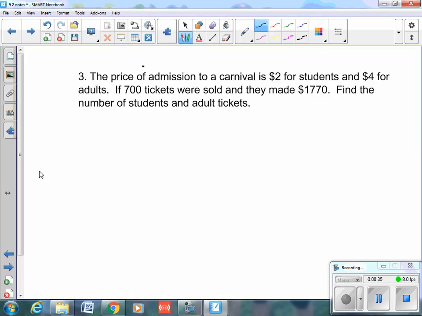Okay, the last problem of the day is a story problem, just kind of like how we ended yesterday's assignment. The price of admission to a carnival is $2 for students and $4 for adults. 700 tickets were sold and they made $1,770. How many of each ticket did you sell? Back a long time ago, do you guys remember making the 6-box charts to do this?